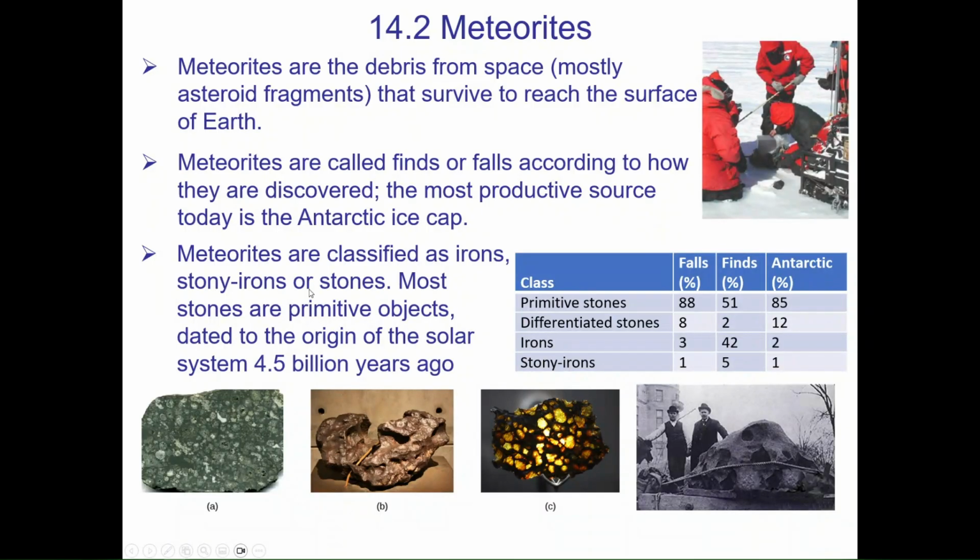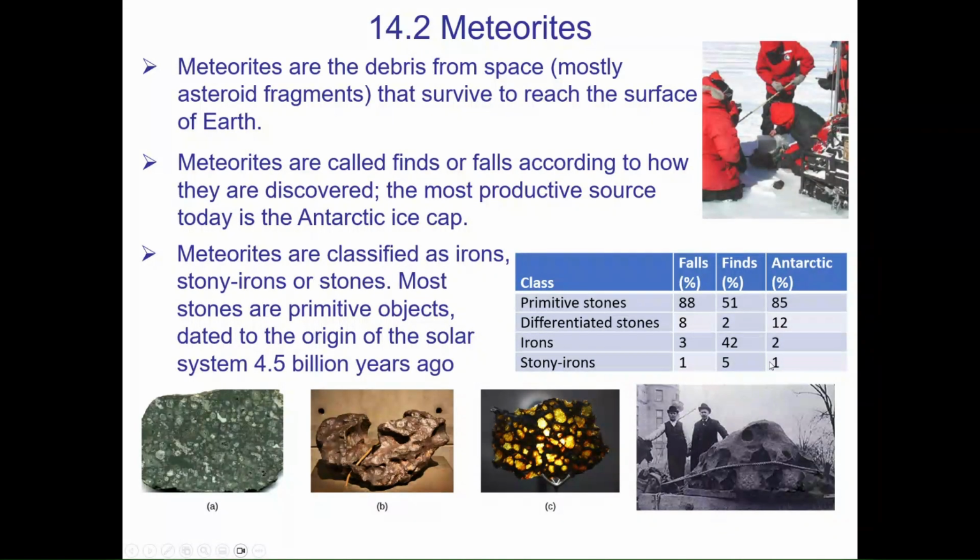On the other hand, the stony types of meteorites, even if they fall on the Earth, due to weathering or erosion, like water erosion or wind erosion, will become very similar to other stones or rocks on the surface of Earth.